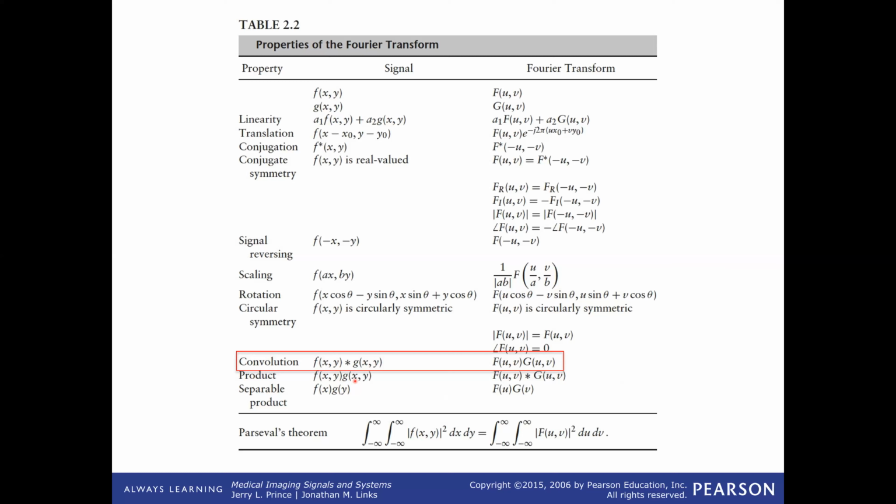I crop it, right? So what does that do in Fourier space? It turns out I take the Fourier transform of that whole picture and I convolve it with the Fourier transform of my cropping function. And that's what's going on in frequency space to make that happen.